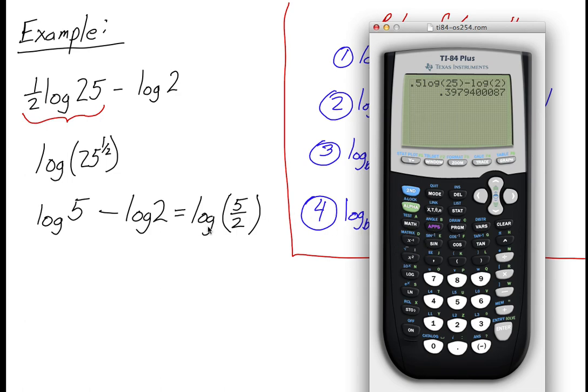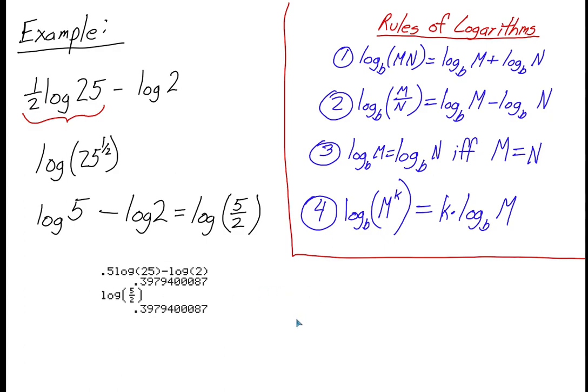If we do the log of 5/2, we get the exact same number. This confirms for us that this original expression and what we simplified it down to are in fact the same thing. Let's look at another example here.